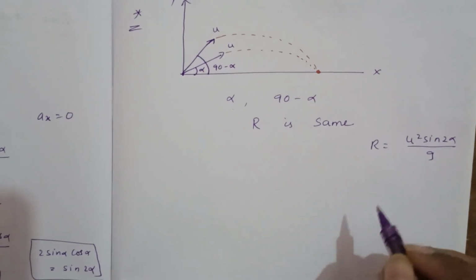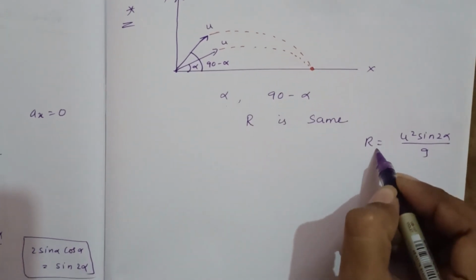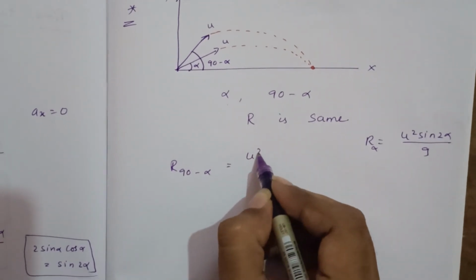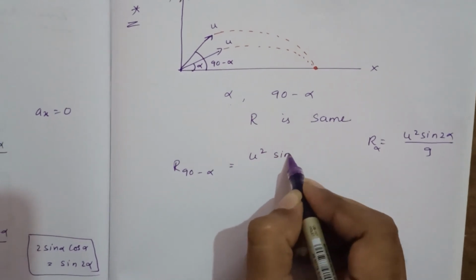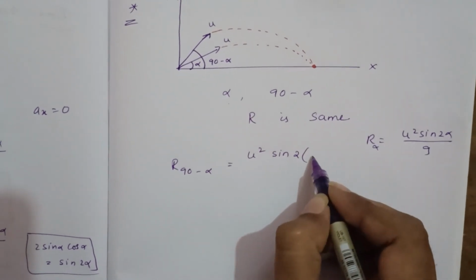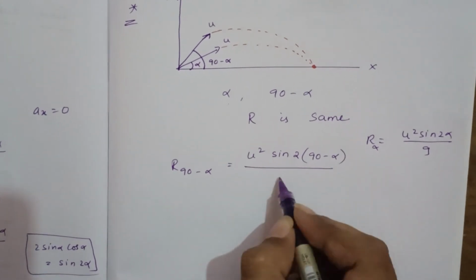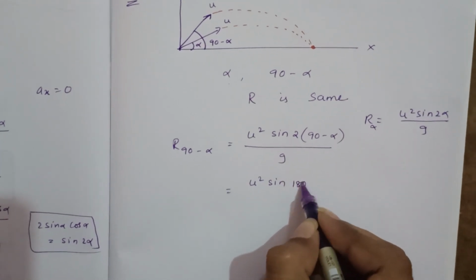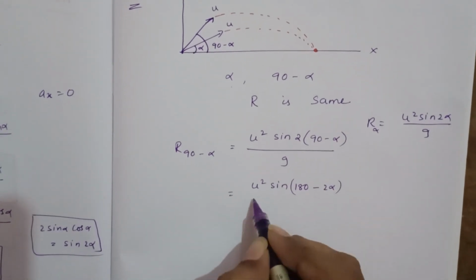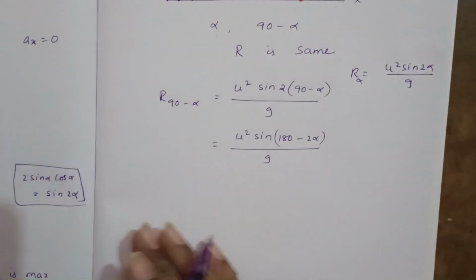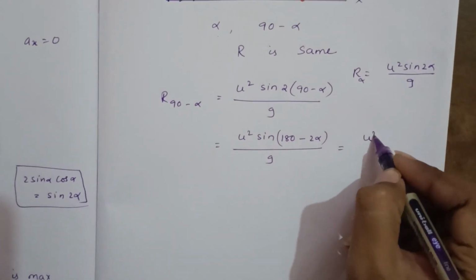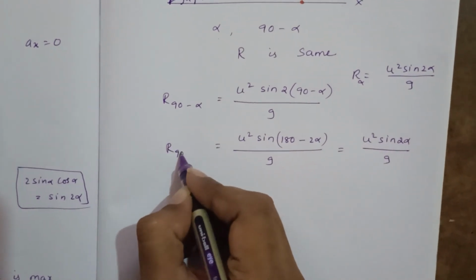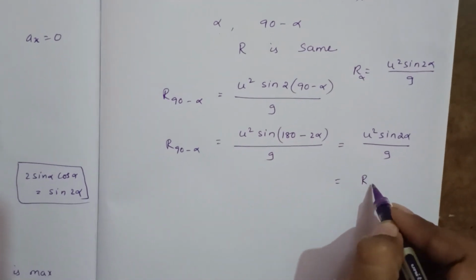For 90 minus alpha, R equals U square sine 2 into (90 minus alpha) by g, so U square sine of (180 minus 2 alpha) by g. We know sine 180 minus theta equals sine theta, so U square sine 2 alpha by g.